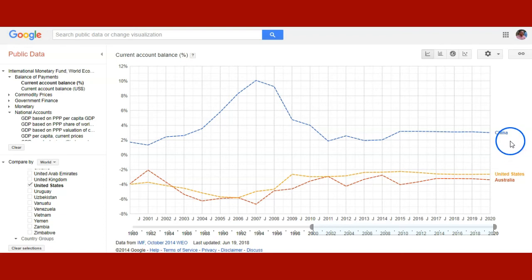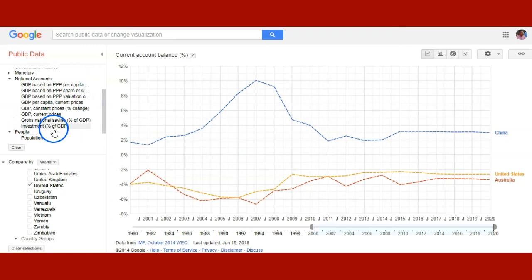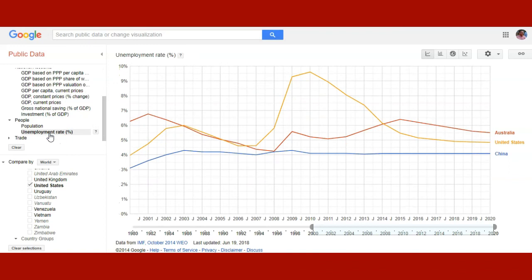So we would expect or predict, based on what I just said, that China would have a lower unemployment rate, at least in urban areas, than the United States and Australia, and would also have a higher inflation rate. So let's see if we can find unemployment. Under people, there we go, unemployment rate. So China has a lower unemployment rate now than both the United States and Australia up to this point.